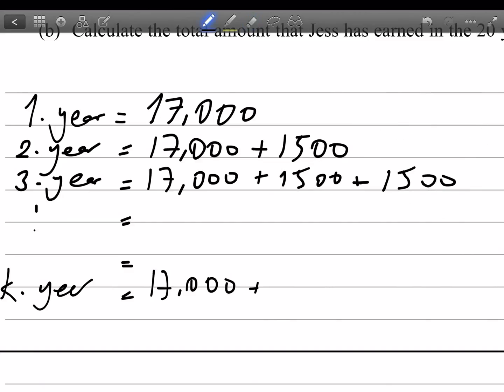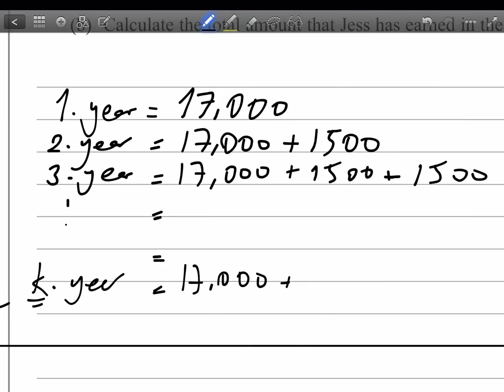It means in the kth year we have k minus 1 times 1,500.